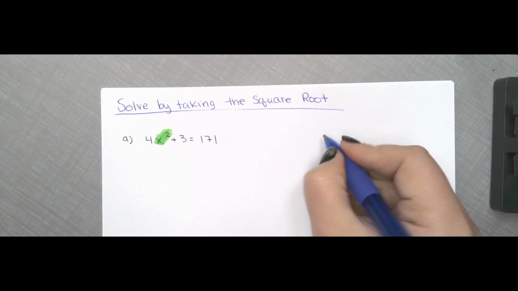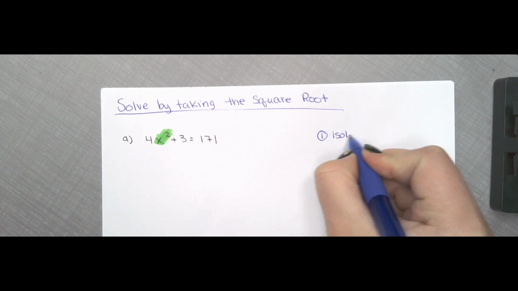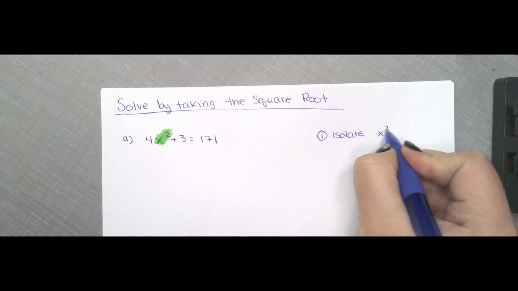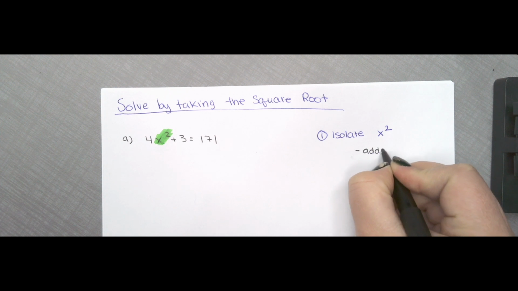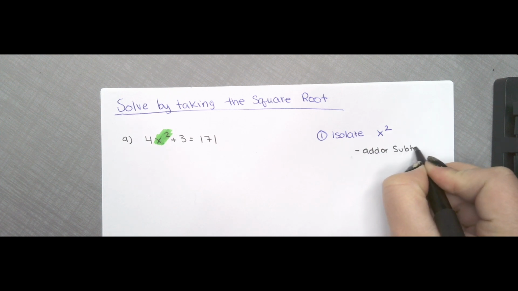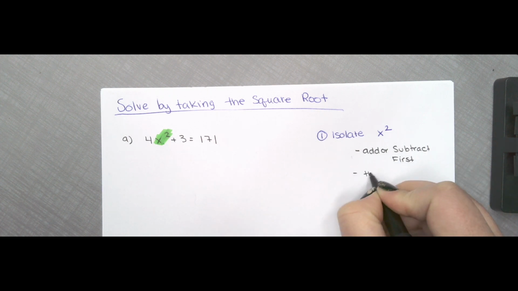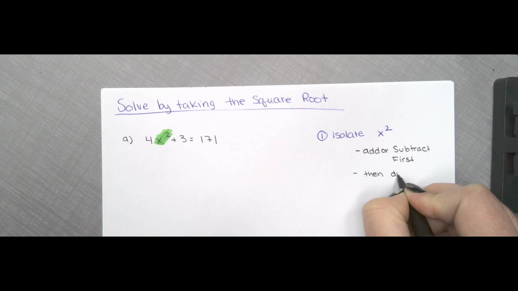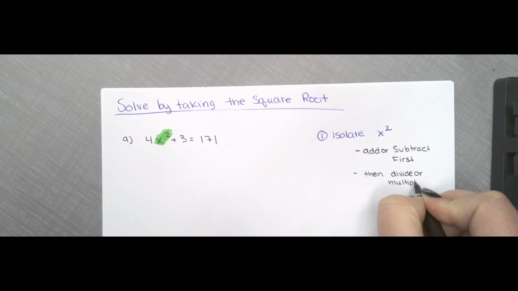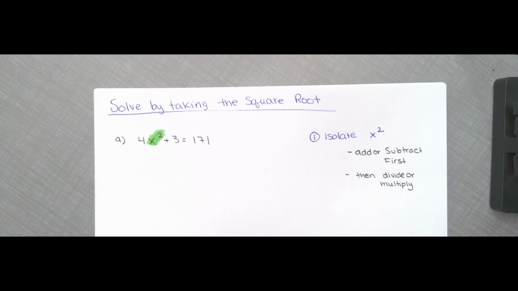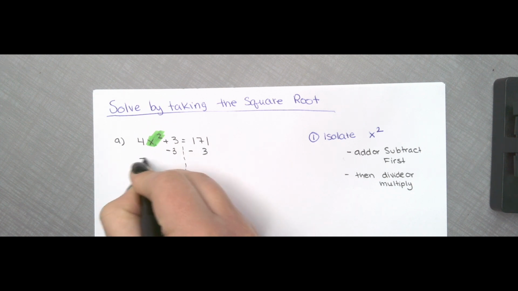Step number 1. You're going to isolate x squared. How are you going to isolate? First, you're going to add or subtract. Then, you're going to divide or multiply. So, we're going to subtract 3, both sides.